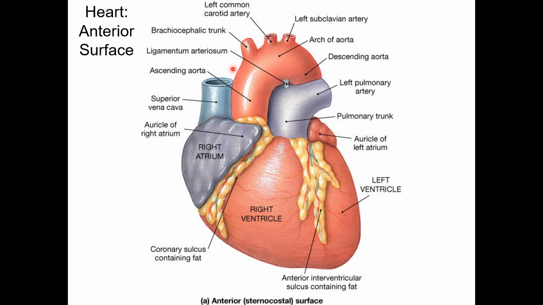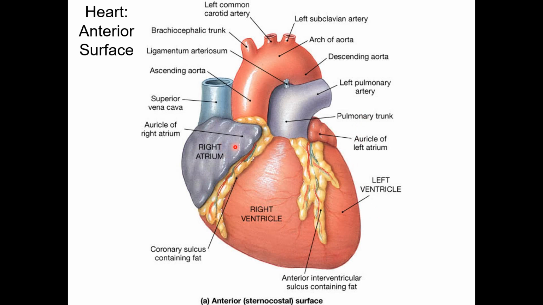We can see that the anterior surface is mainly formed by the right atrium, the right ventricle, and a small part of the left ventricle. This means the right chambers form most of the anterior surface, and the reason is that the apex is not only fallen but also turned to the left, so the right side is more anterior and the left side more posterior.